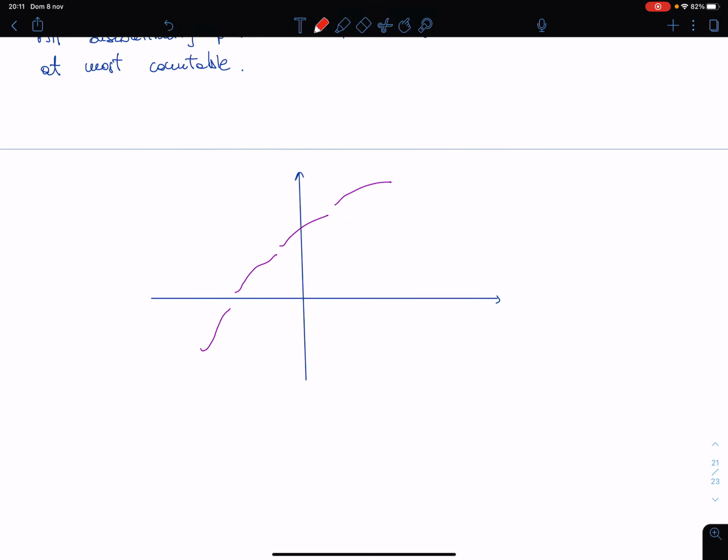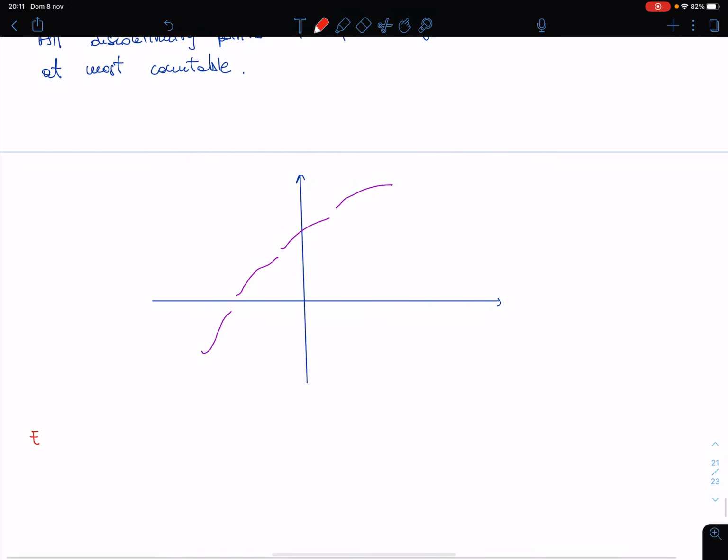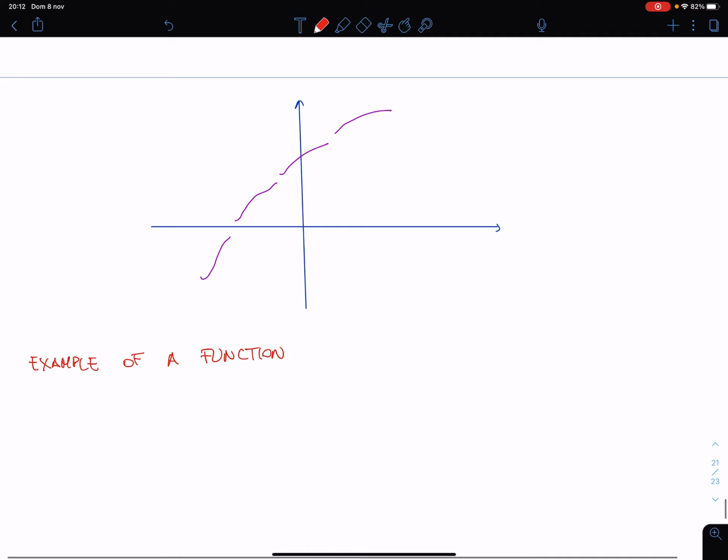It is not so important. More important probably is to give you an example of a function with an uncountable set of discontinuities.